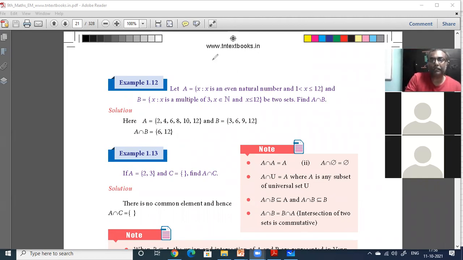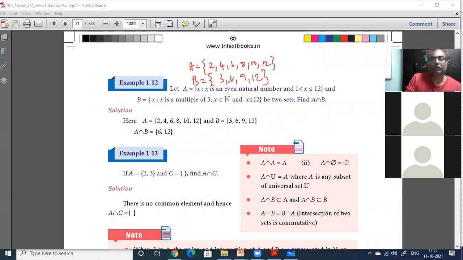Can you tell me the even natural numbers where x is greater than 1 and less than or equal to 12? 2, 4, 6, 8, 10, 12. Very good. Then set B, you tell me in set builder form again. Arpana, x is a multiple of 3, x is a natural number, and x is less than or equal to 12. 3, 6, 9, 12, uncle.